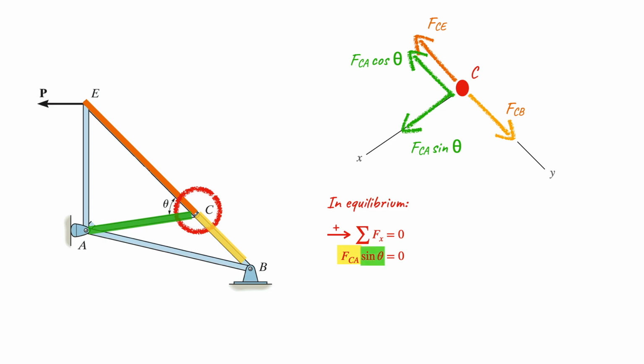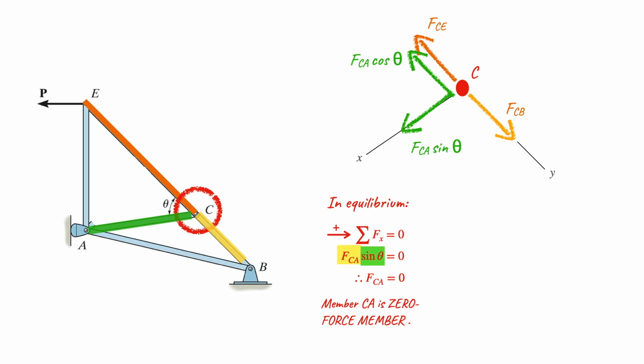Sine theta would never be 0 because theta would never be 0, so it will have some magnitude. In this case, we can conclude that FCA, the force between joint C and beam CA, is the one that has a magnitude of 0. So member CA is a zero force member.